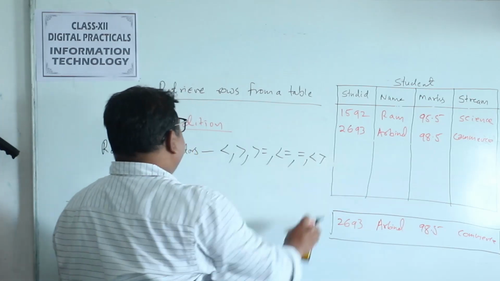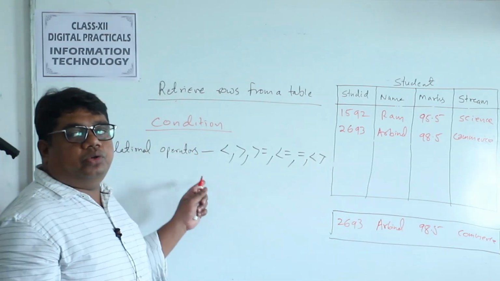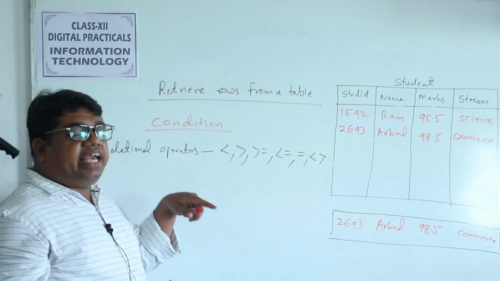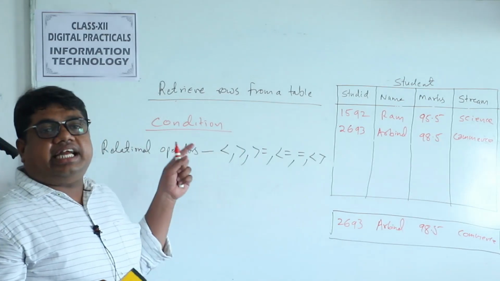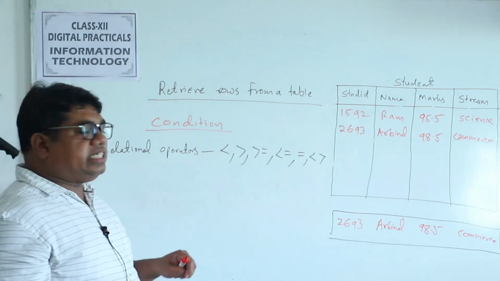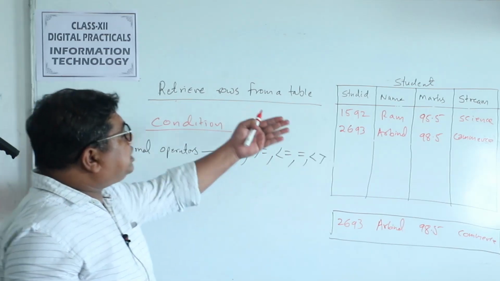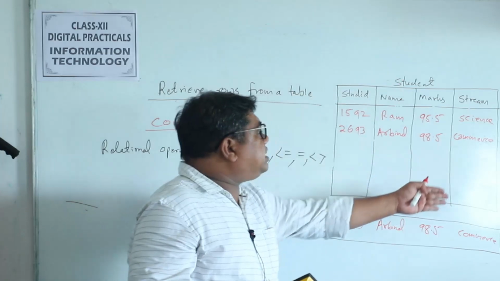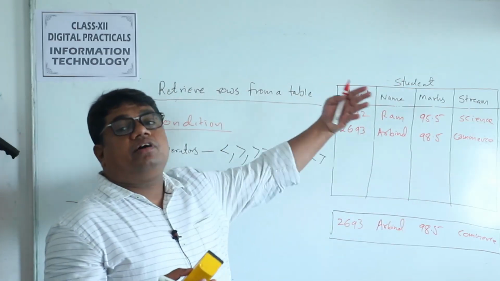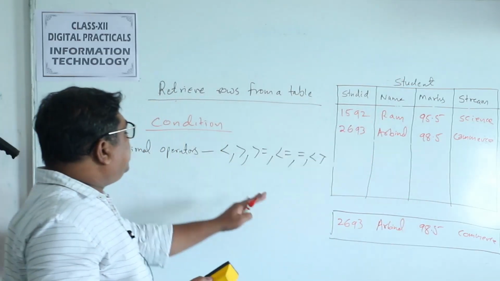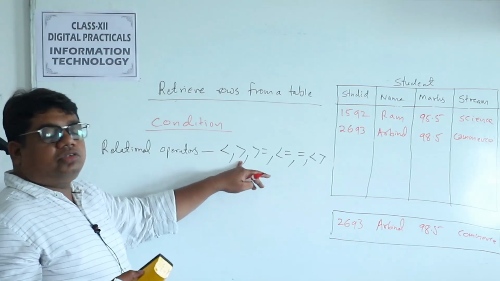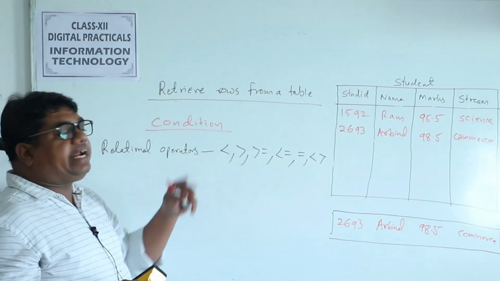These are the relational operators we use while querying a table using the select command, and they are used for comparisons. Suppose I want to display the details of the students whose marks are above 90%. I can use the greater than symbol. We will come to the point while doing practicals.